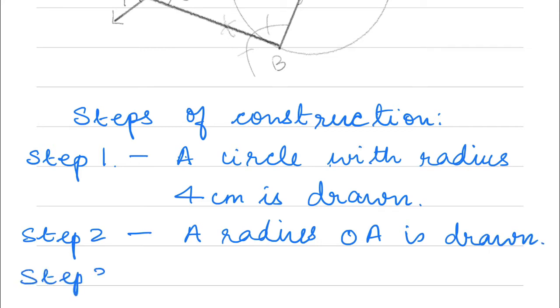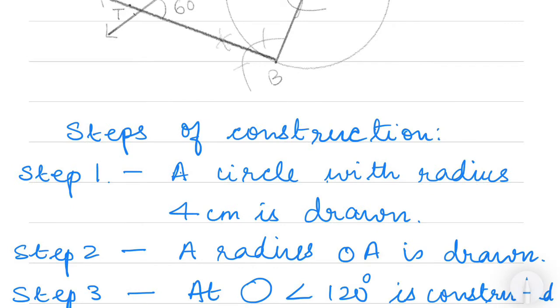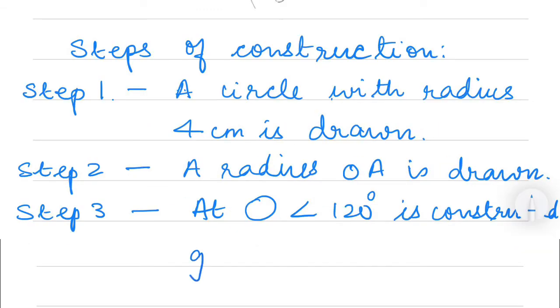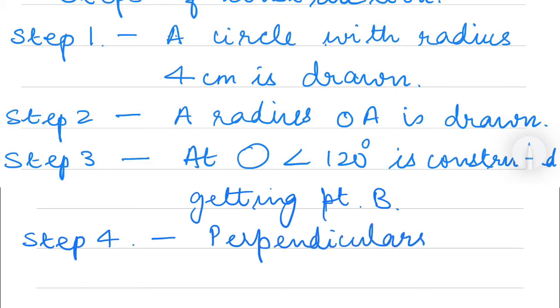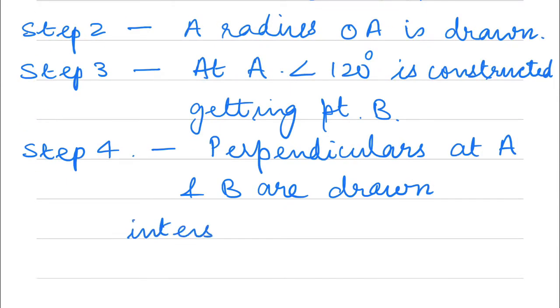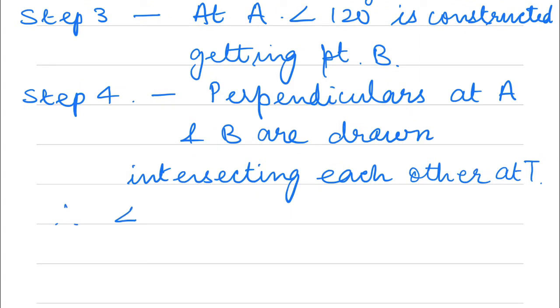Then step 3, at O, angle 120 degrees is constructed, getting point B. Step 4, perpendiculars at A and B are drawn, intersecting each other at T. Angle ATB is equal to 60 degrees.